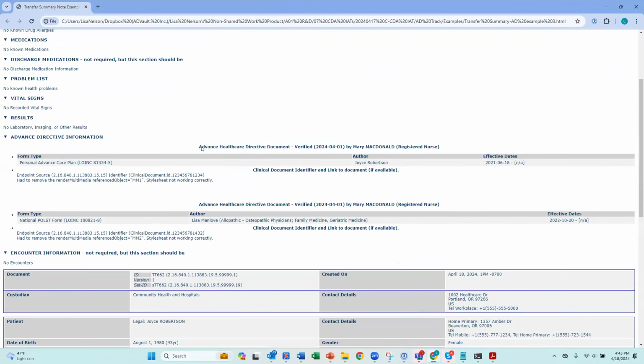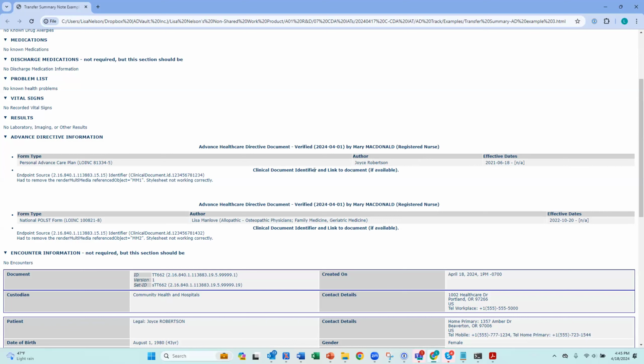But the idea was to be able to show if a person had an advanced directive document, like this is a verified personal advanced care plan, link code, and so on. It was verified on a certain date by Mary McDonald, who's a registered nurse. It was written by Joyce Robertson, and it was effective as of June 18th in 2021.